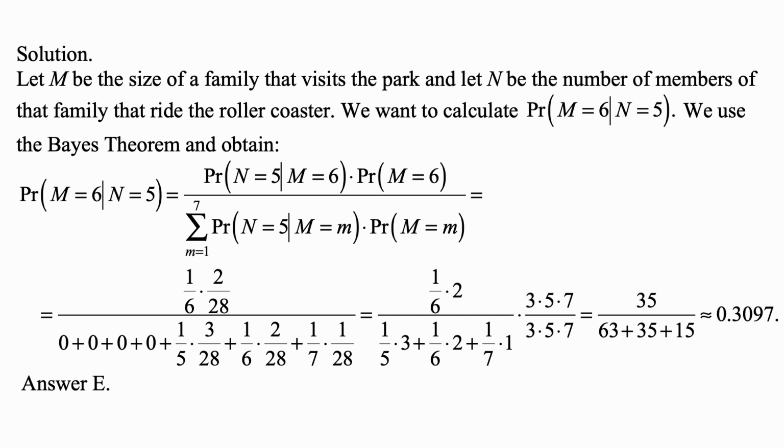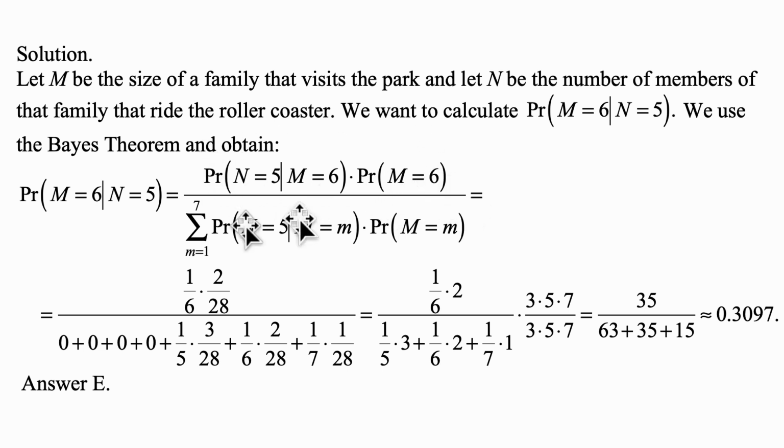So it's the probability that m is equal to 6 given that n is equal to 5. And you have to memorize the Bayes theorem, but it's pretty straightforward because what you have in the numerator is conditional probability with these two flipped, so probability that n is 5 given that m is 6, multiplied by the probability of the thing that is after the vertical line, what this is conditional on, so multiplied by probability that m is 6.